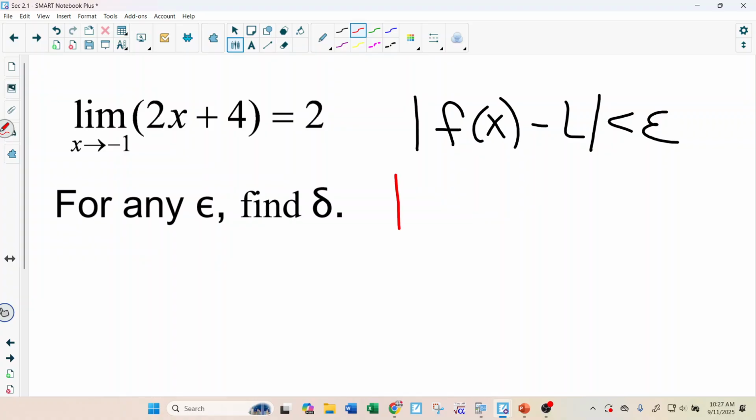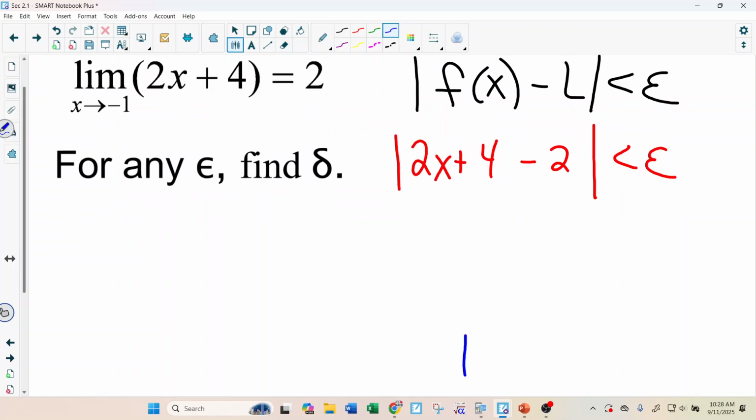So this should be |2x plus 4 minus 2|. The next part you want to think about: what are we trying to get to? As we move down here, we're trying to get x minus our c, which in this case is -1.